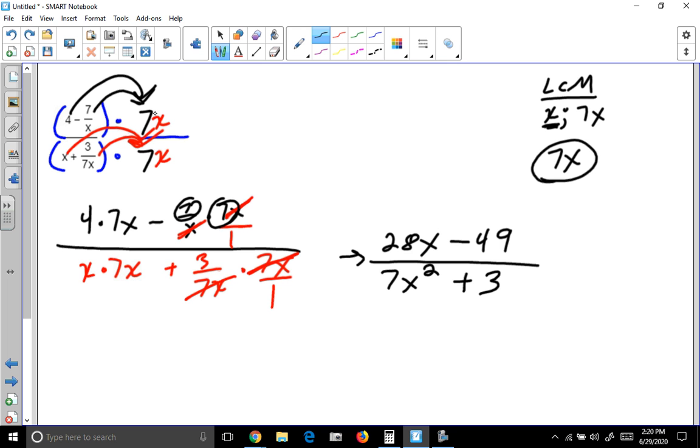So by multiplying by the 7x, that 7x was able to reduce with the x to make the x's go away, and it was able to reduce with that 7x to make that denominator go away also. So now we don't have any fractions on top, and we don't have any fractions on bottom. So it's no longer a complex fraction. Now, if that reduced, we would want to reduce it, but this one is not going to reduce.